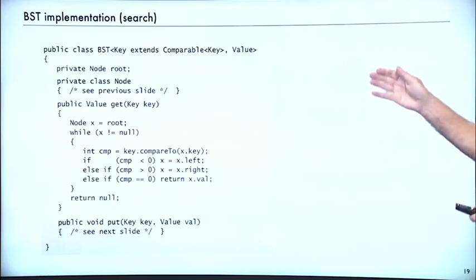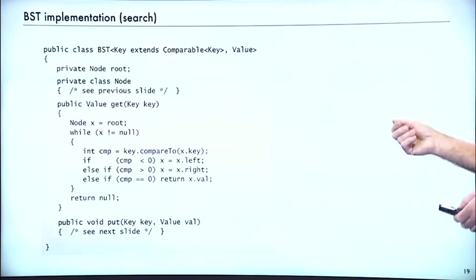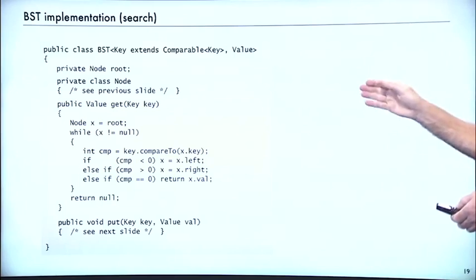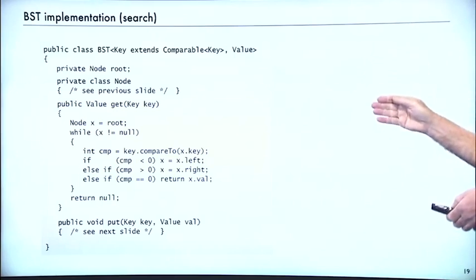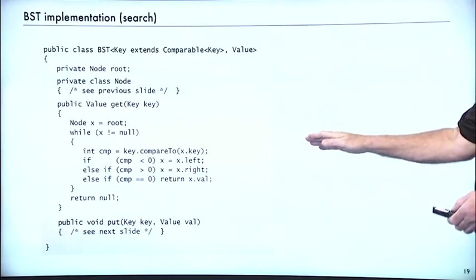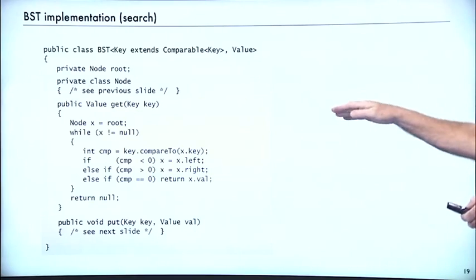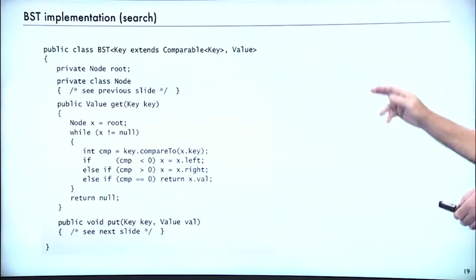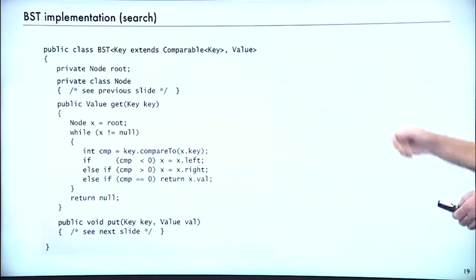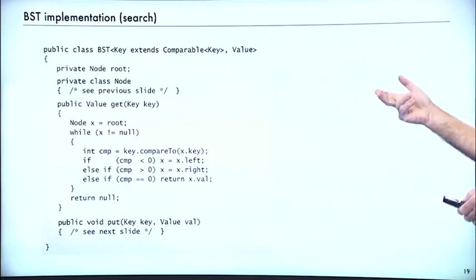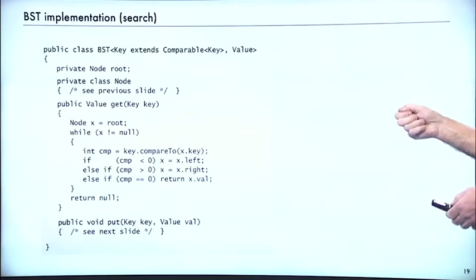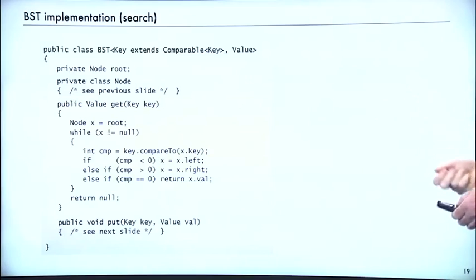We have a variable x that we set to be the root of the tree. As long as that node x is not null, then we're going to compare the key at x, that's x.key, with the key that we were given to search for. That comparison can have 3 outcomes, either less than 0, greater than 0, or equal 0.